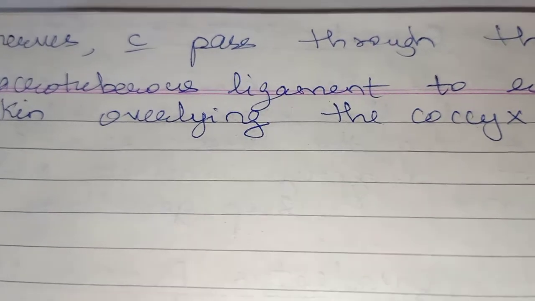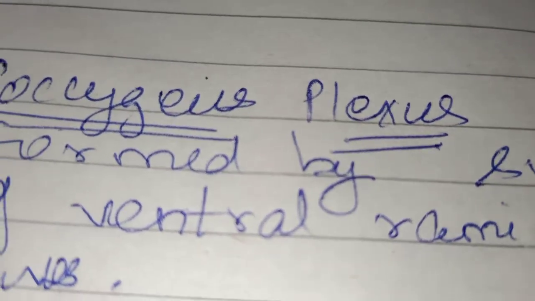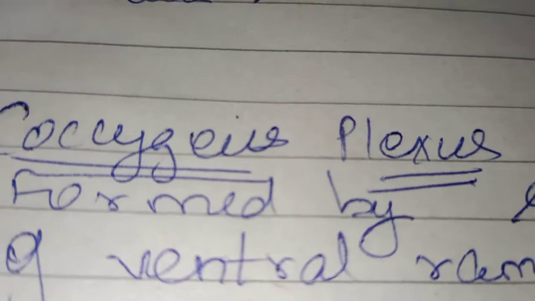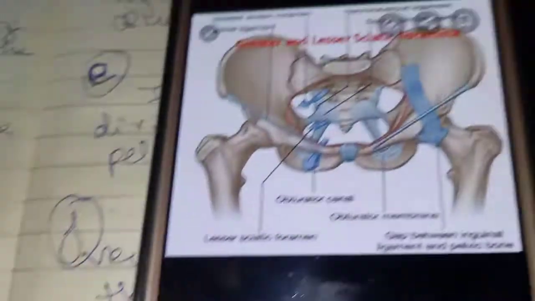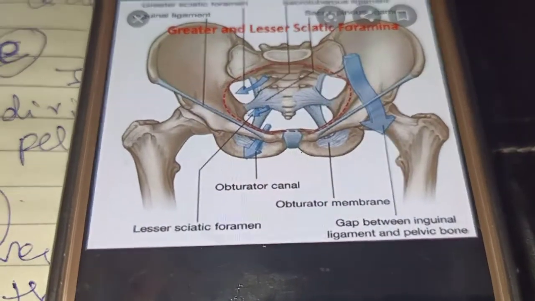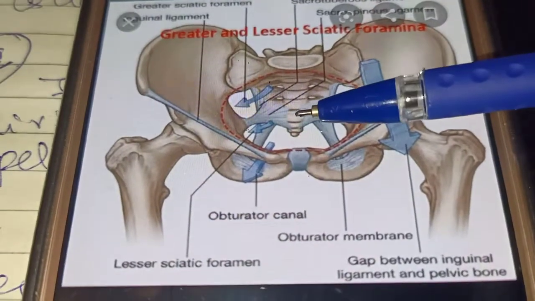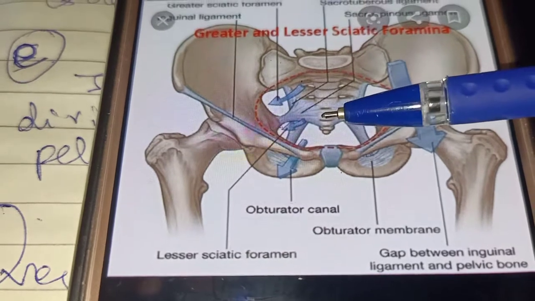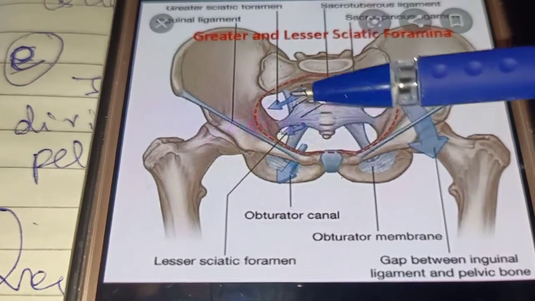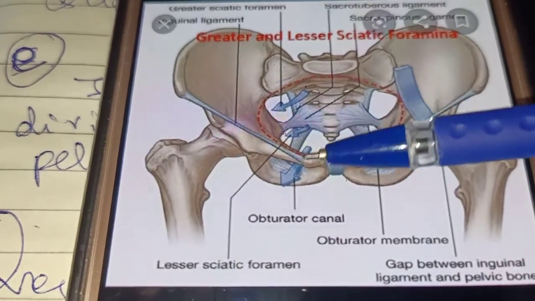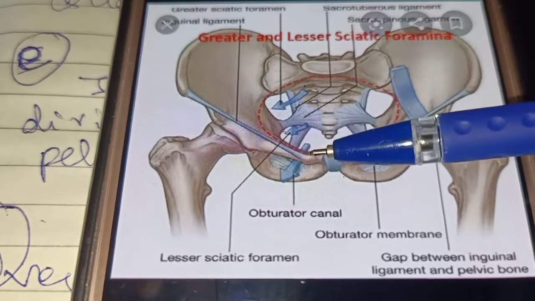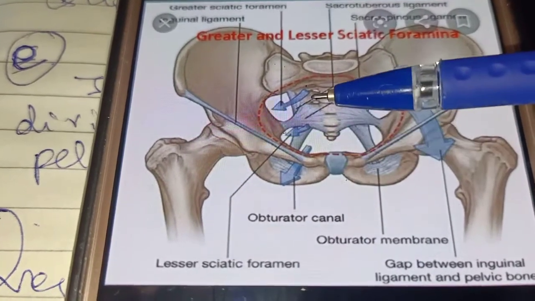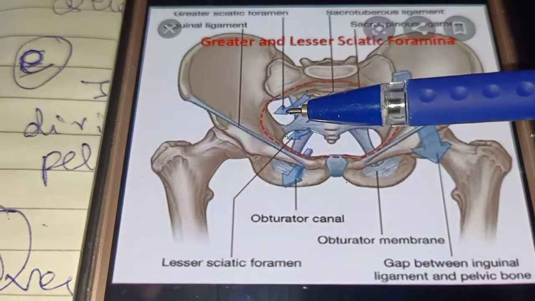So this was about the coccygeal plexus. If you see here, suppose this is S4, S5 and these are the coccygeal nerves. It goes down to the level of the coccygeus muscle, the pelvic floor muscle.